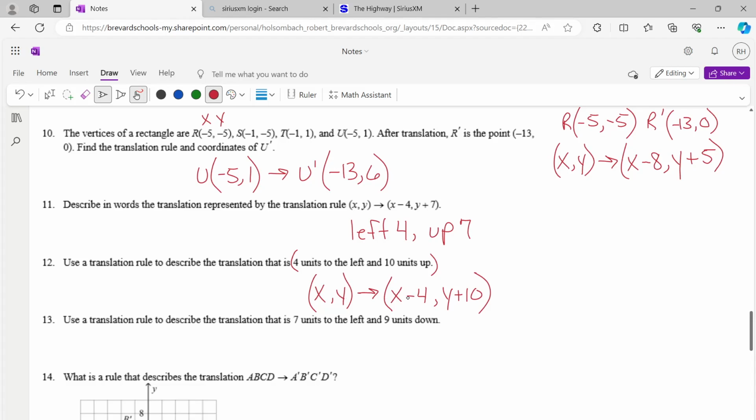Changes to the x go left and right. Changes to the y go up and down. So 10 up is y plus 10. 4 left is x minus 4.